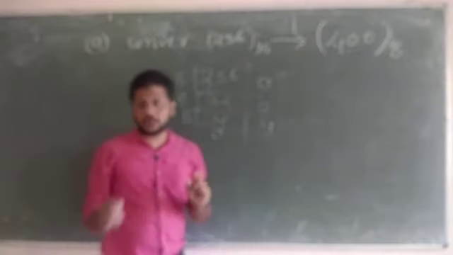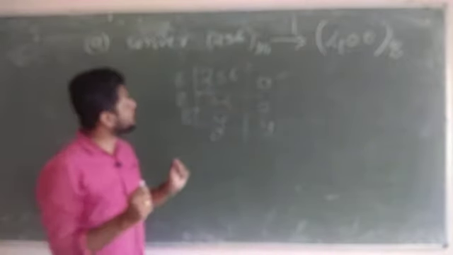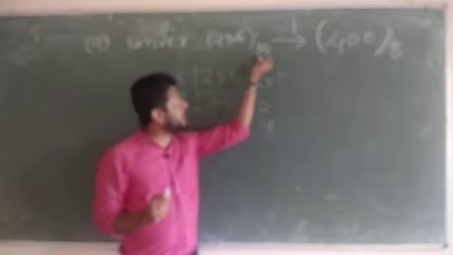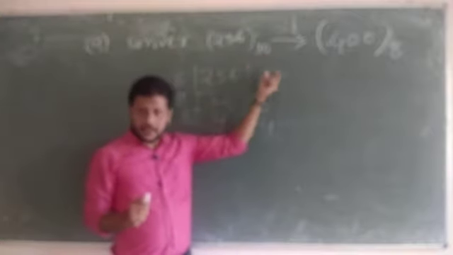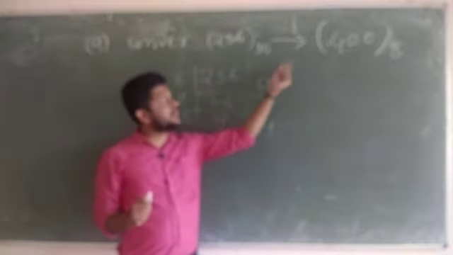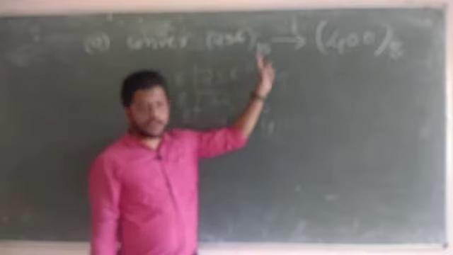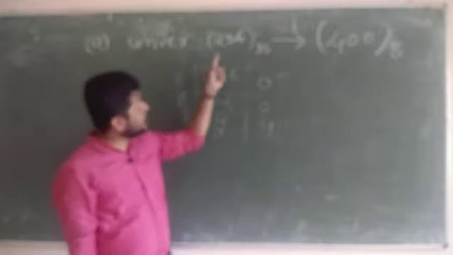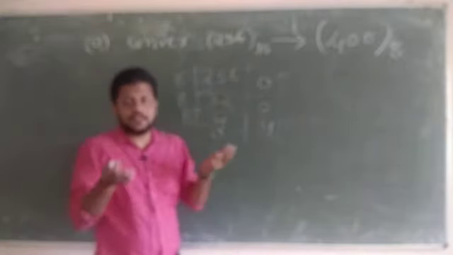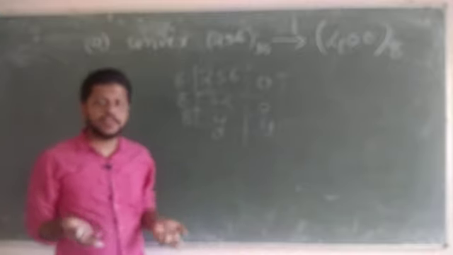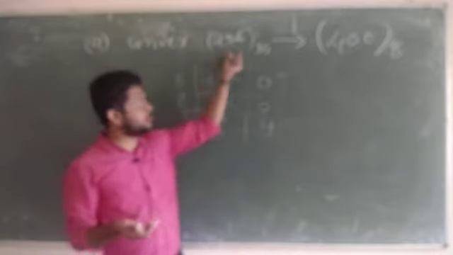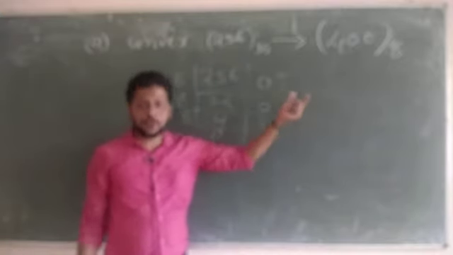So you need to observe one thing from here. When the base is reduced from 10 to 8, the number inside that base is increasing. So obviously 256 is smaller than 400.